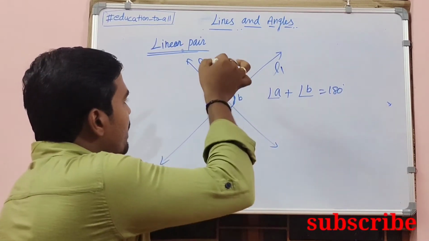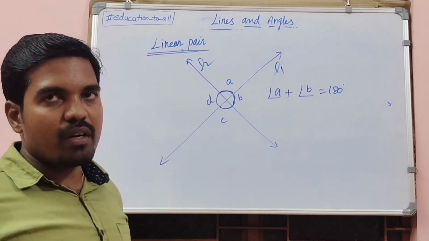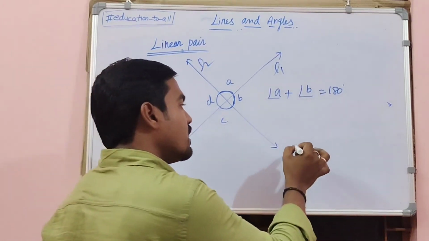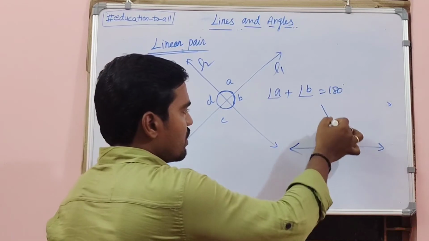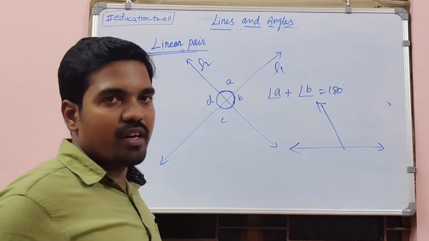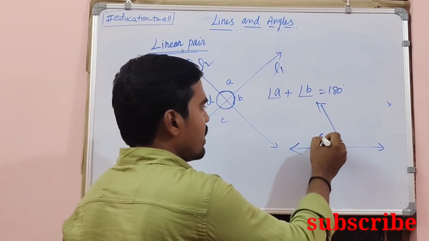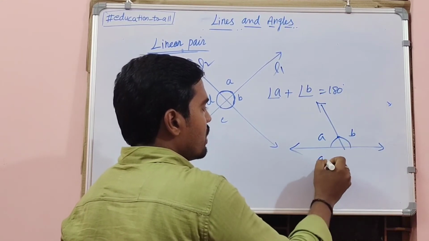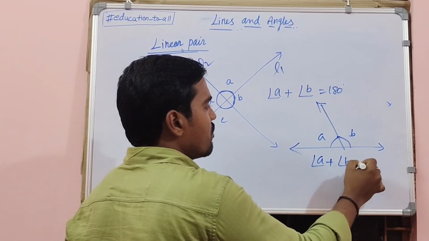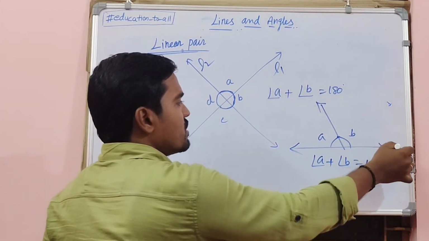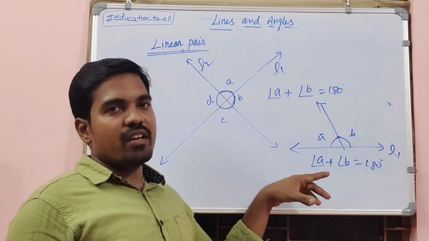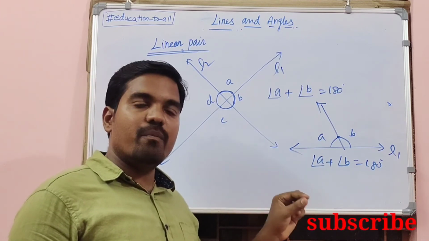So the linear pair lies only on a straight line. Very important. Here this is one ray, another ray, angle A, angle B. So angle A plus angle B equals 180 degrees because L1 is a straight line. If it is not a straight line, then it will not form a linear pair of angles.